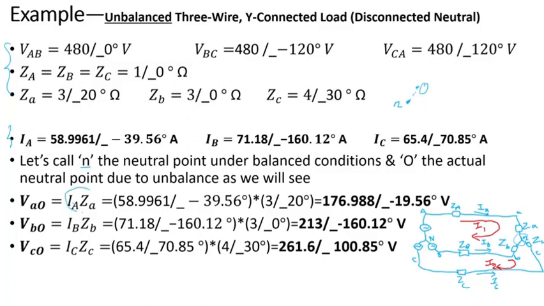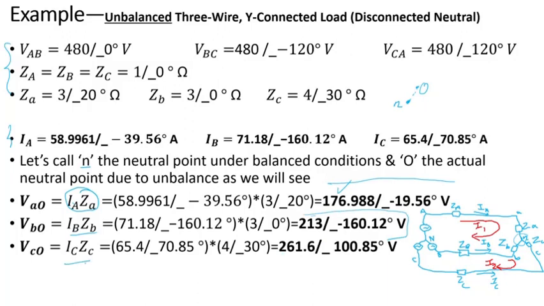I know both quantities, so if I plug in the numbers, I get 176.988 with an angle of negative 19.56 degrees, and that is voltage in volts. If I do the same thing for BO, here's the equation. I plug in the numbers, I get 213 volts with an angle of negative 160.12 degrees.